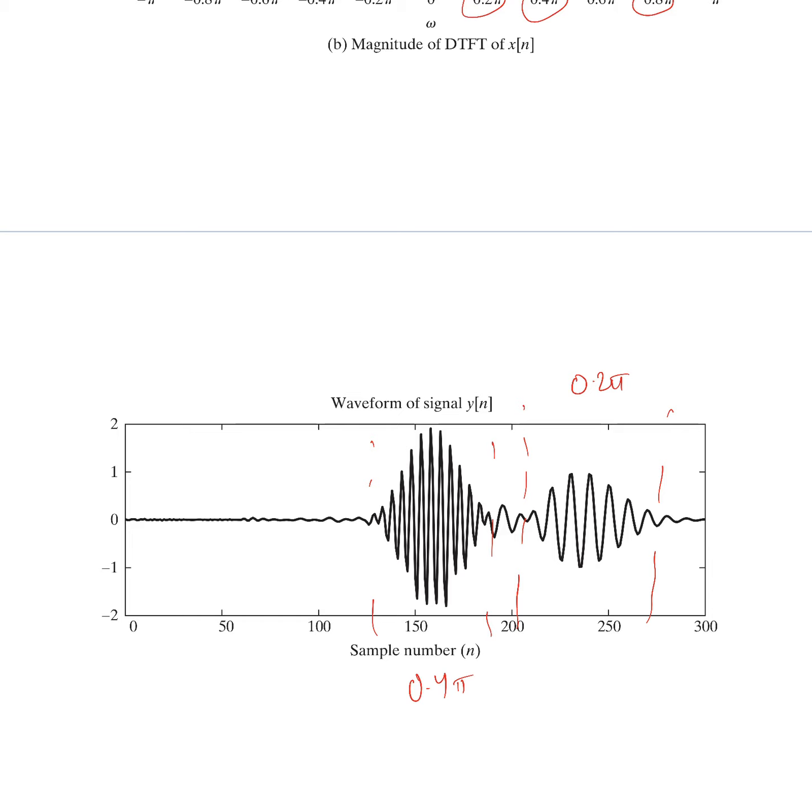The pulse at frequency 0.8 pi has been essentially eliminated, which is consistent with the low values of frequency response magnitude around that frequency, while the other two pulses have increased in amplitude. This one is increased by almost 2, you see the magnitude 2, while this one is slightly greater than 1.